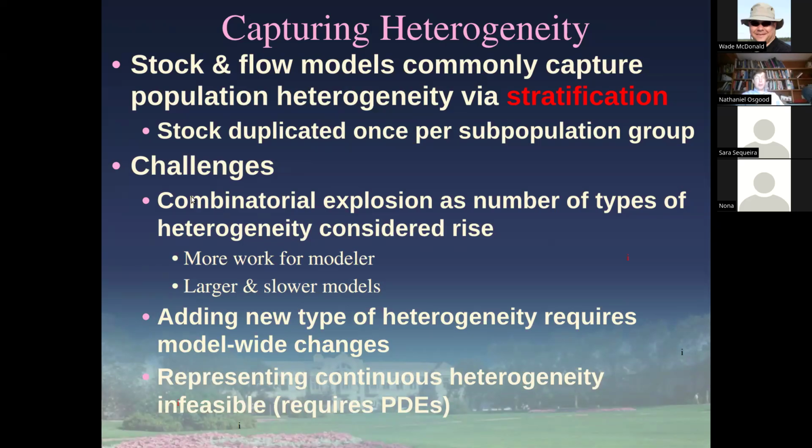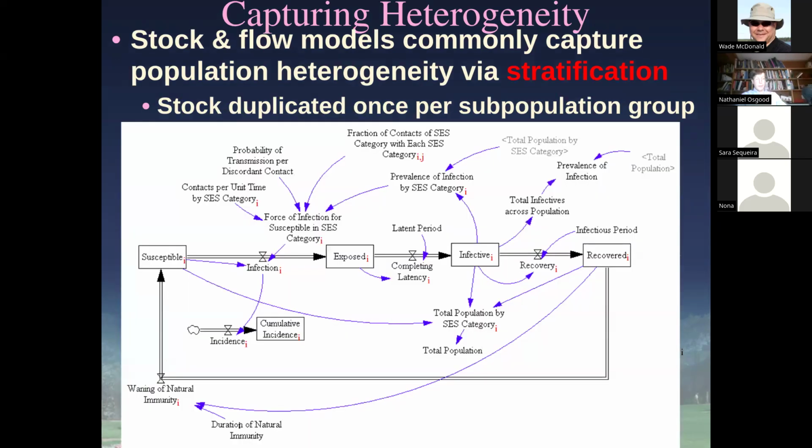Heterogeneity can be captured in these models to a point via stratification. So we can divide up the population. If we wish to have a model that characterizes the spread of infection in two communities, among Canadian-born residents and foreign-born residents, we could subscript susceptibles by place of origin.